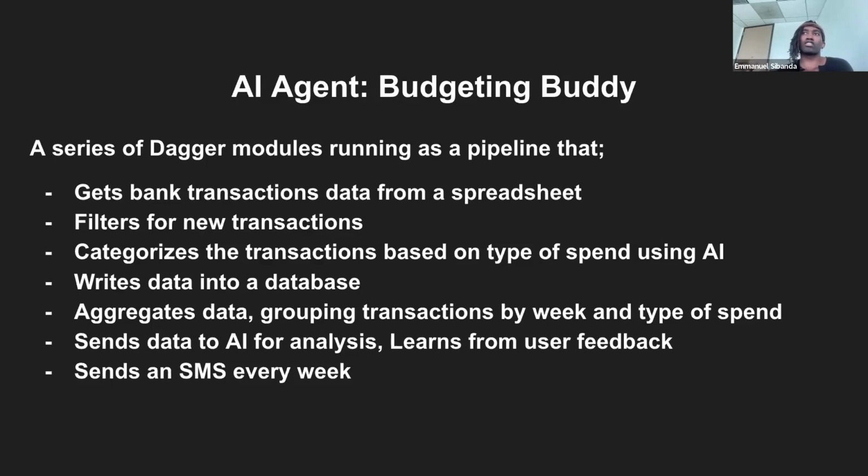I would want to get to a point where the AI agent can tell me that I'm better off spending money buying a bigger sachet of protein because it'll cost less in the long run. So that's the idea behind that. And then ultimately it sends an SMS to whoever's using the Budgeting Buddy in this scenario.